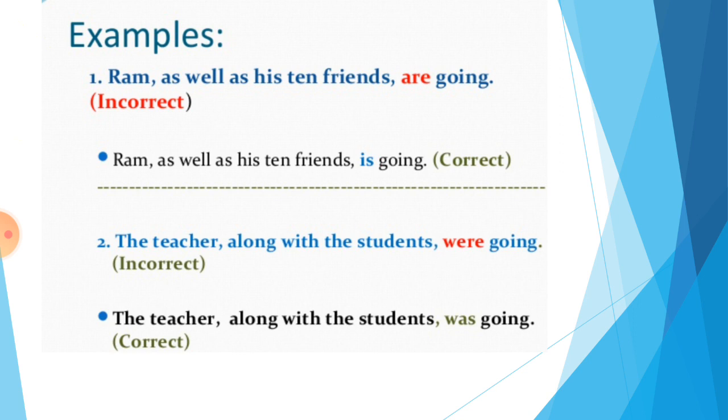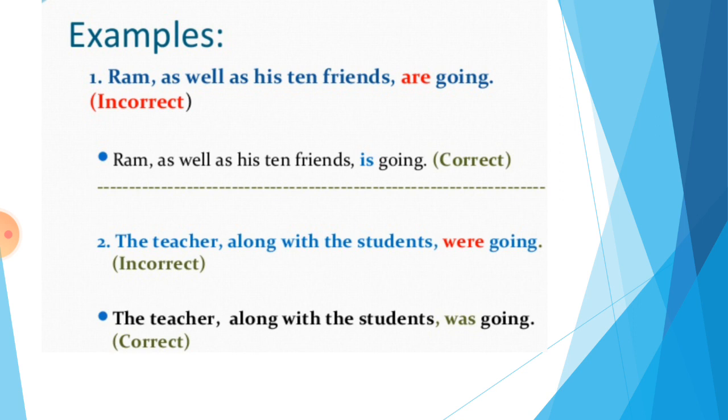So 10 friends is a plural subject and Ram a singular subject. Here Ram is the first, singular subject and we are using the words as well as. So the verb must be according to the first subject, Ram. So Ram as well as his 10 friends is going is correct, not are going.